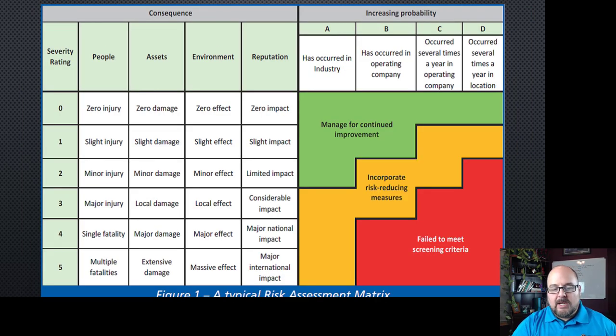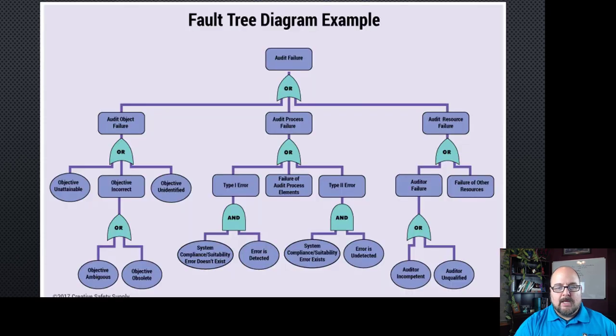This is a risk analysis matrix. Same sort of thing. You give it a severity rating, you give it a probability rating, and you figure out on the matrix what the outcome needs to be. It's meant to prioritize, to sort of triage and guide you on what needs to be done. This is a fault tree example.